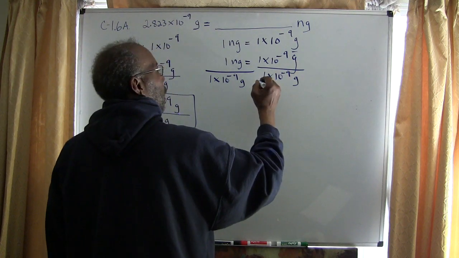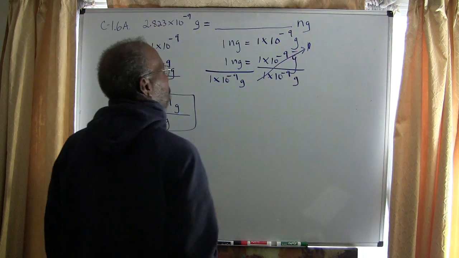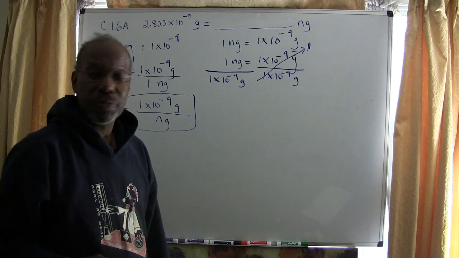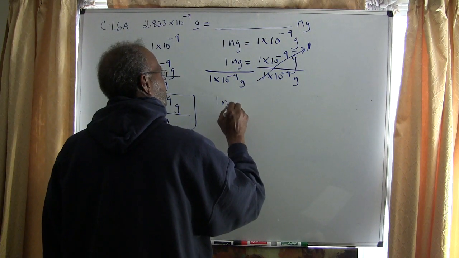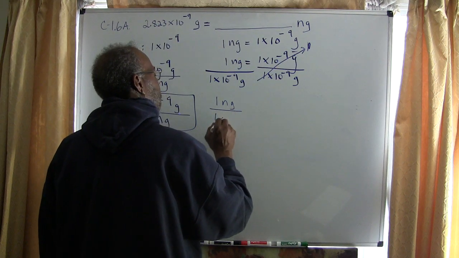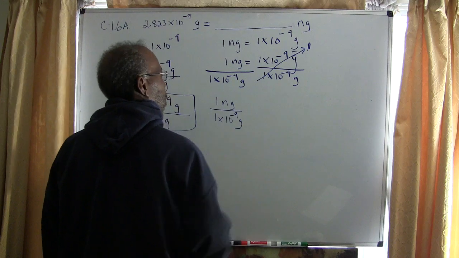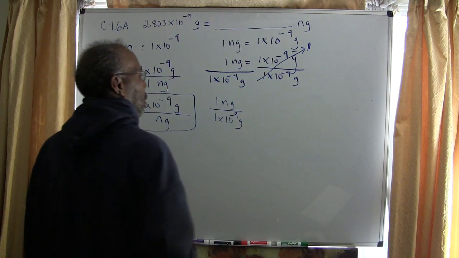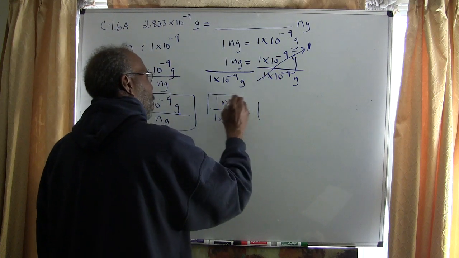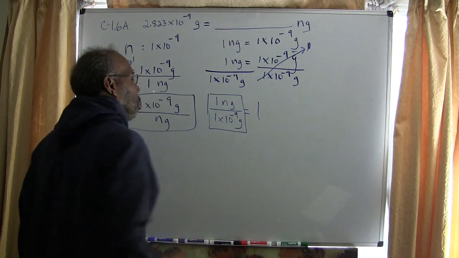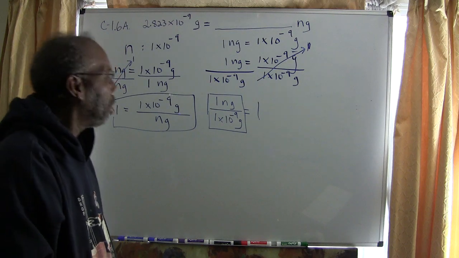As you can see now, this cancels out and becomes 1. So now we have generated another conversion factor, which in this case is 1 nanogram over 1 times 10 to the minus 9 grams, and that's equal to 1. This is the conversion factor right here.